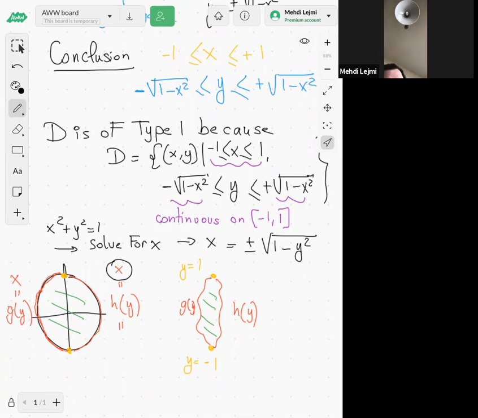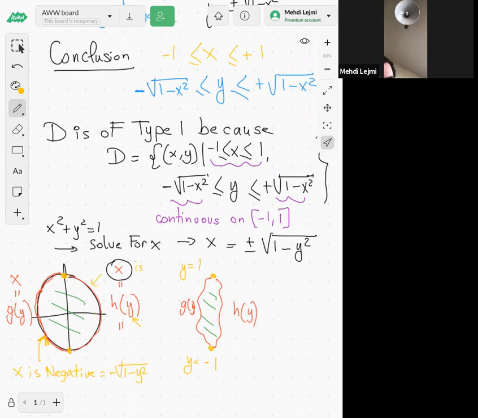On the left, of course, the x coordinate is negative. So it's going to be just minus the square root of 1 minus y squared. And on the right, for h of y, x is positive.